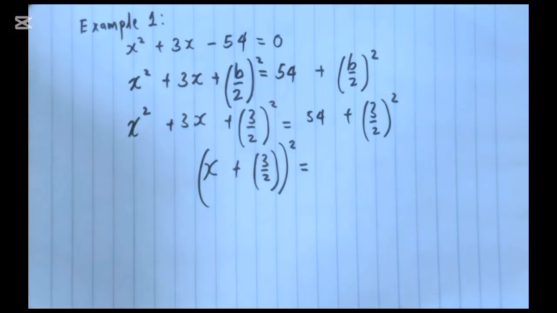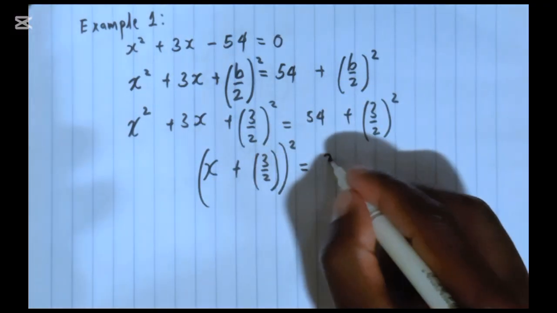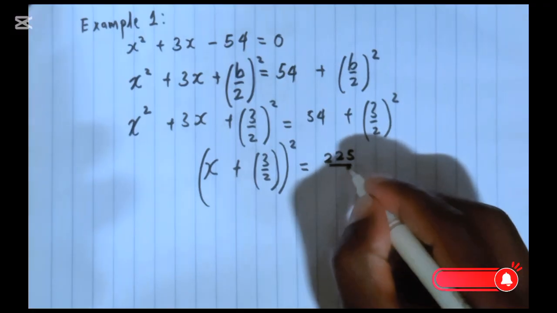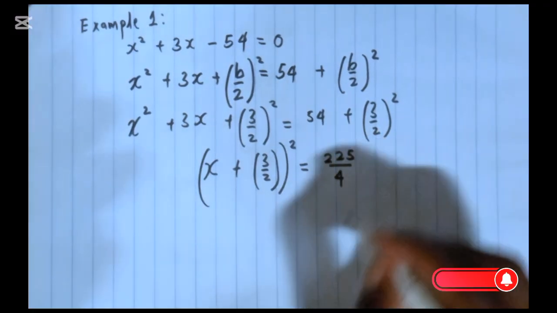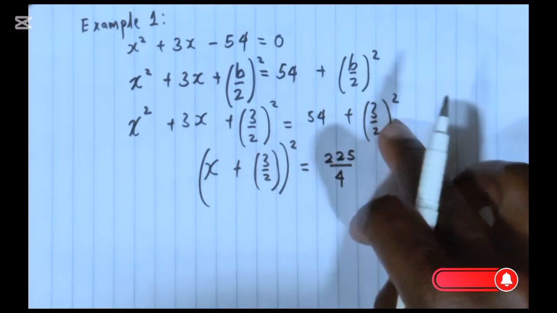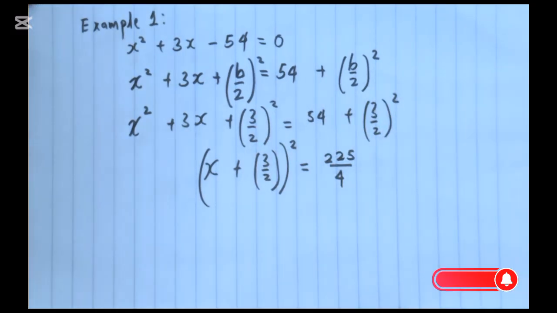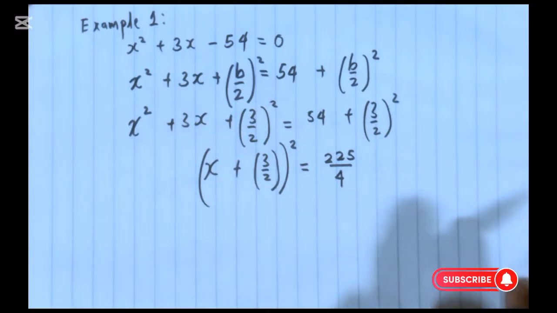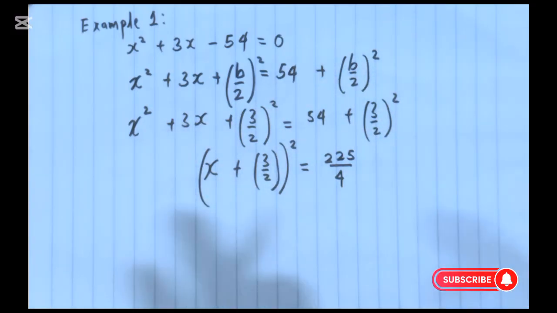So when you do your calculation, you are supposed to get 225 all over 4. All right, so that is what we're going to get on the right hand side if you actually add 54 to 3 all over 2 squared. So then we are going to try and find the square root of the left hand side and the right hand side.